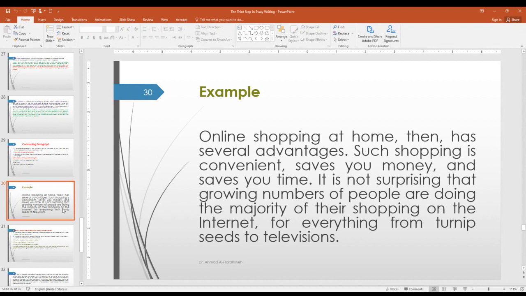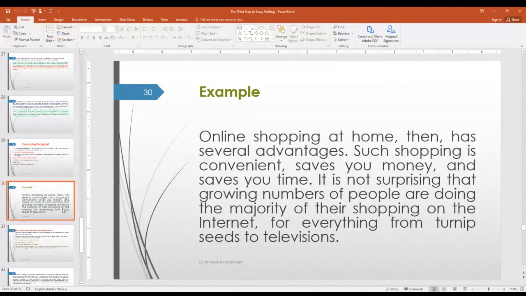It is not surprising that growing numbers of people are doing the majority of their shopping on the internet, for everything from tennis seats to televisions. This is a short and informative concluding paragraph, and the topic was online shopping.